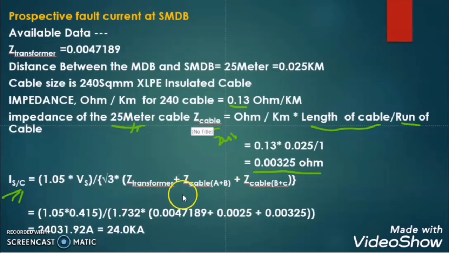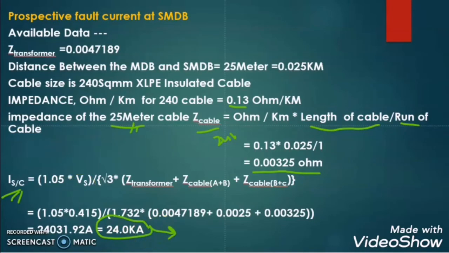Then when we substitute these values, we will get the maximum prospective short circuit current as 24 kilo ampere.